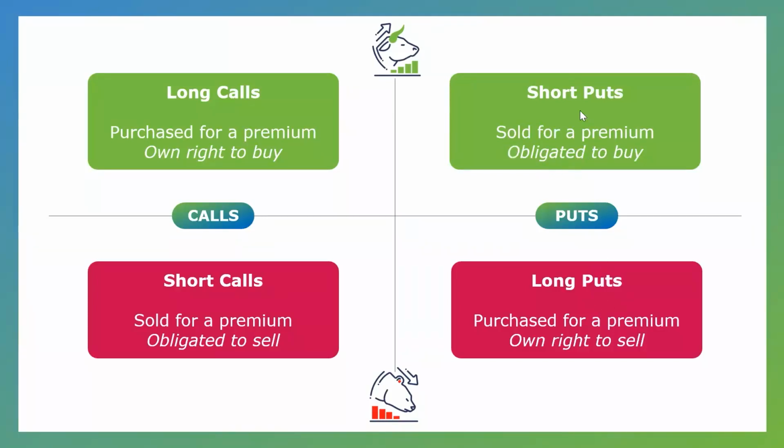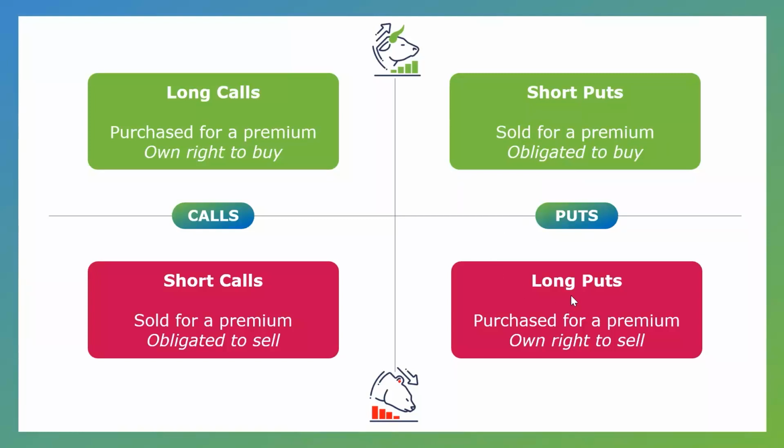In this case, the writer who sold the put option is obligated to purchase 100 shares of the underlying from the long put holder. A long put is purchased for premium. That premium is given to the short put writer, and that premium is the option seller's to keep, by the way. In this case, the long put holder will own the right to sell 100 shares of the underlying to the short put writer.